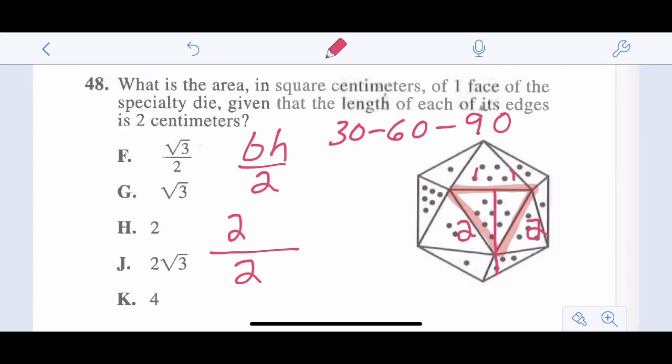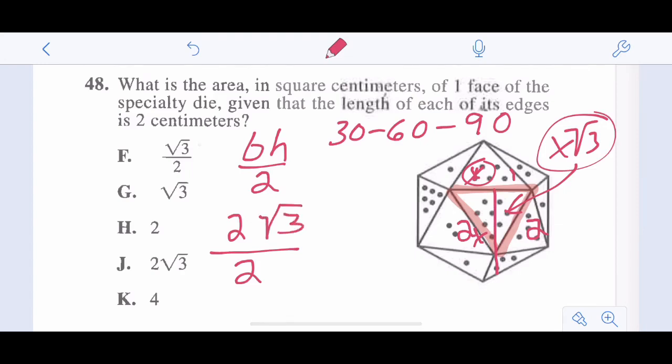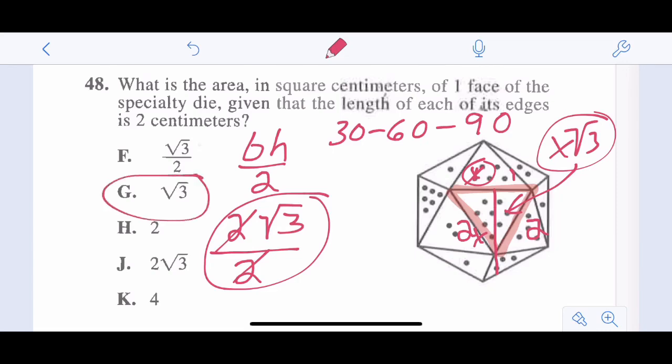And the sides are x, so x, 1, 2x, and then x root 3, which is here. So if this is 1, that makes this 1 root 3, or root 3. So now we know our height is root 3. So base times height divided by 2, these cancel, so our area is root 3, G.